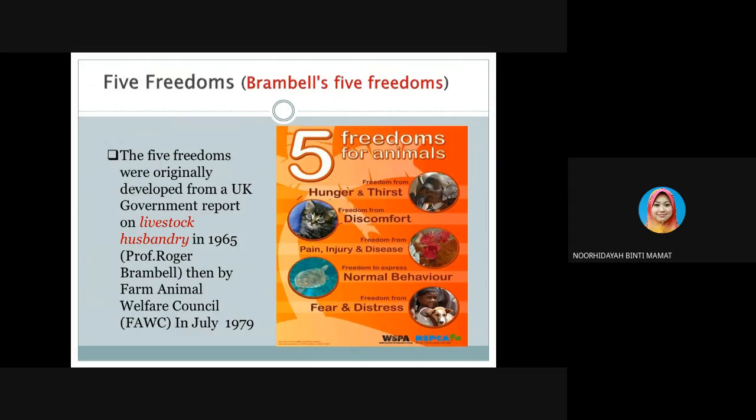The animal should be free from hunger and thirst. The animal should be free from discomfort. The animal should be free from pain, injury, and disease. The animal also needs freedom to express normal behavior. And the animal should be free from fear and distress.